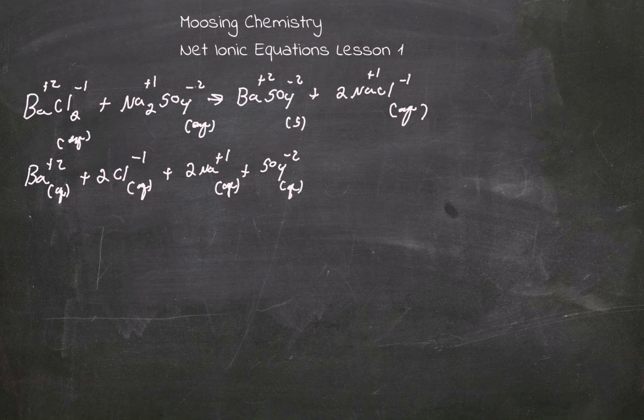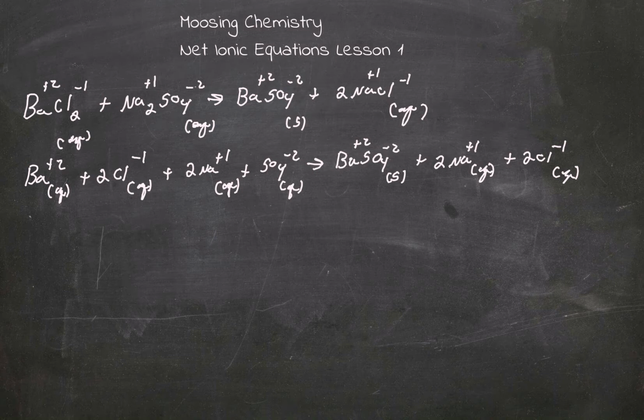This is so simple. We're just breaking them apart. Oh, can't break that solid apart. BaSO4 stays. It's minus 2 plus 2. It's probably a good indicator that we have a net ionic equation when you have that happen. 2Na plus 1 AQ plus 2Cl minus 1 AQ.